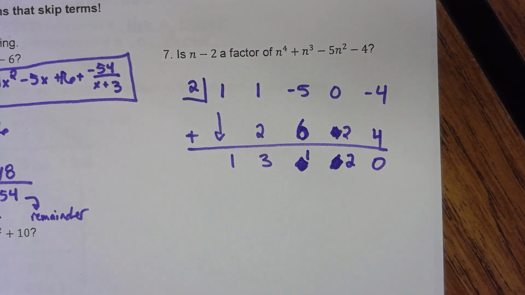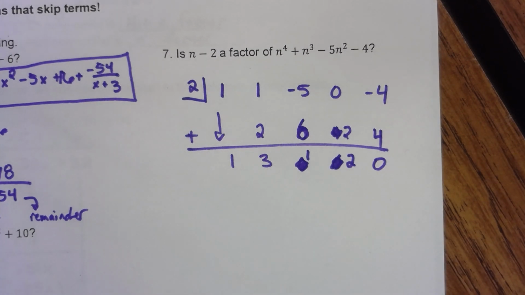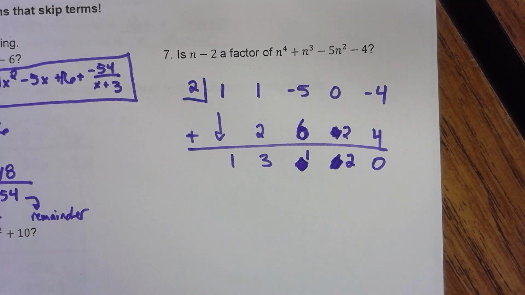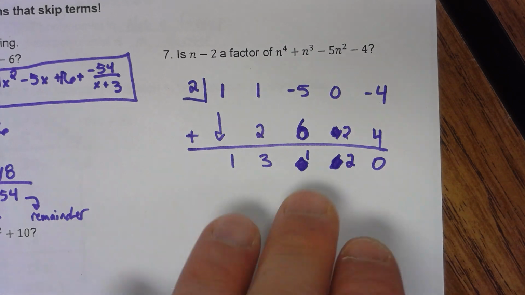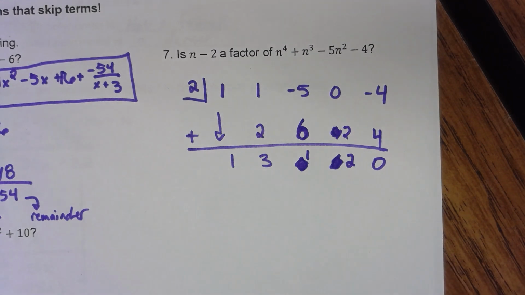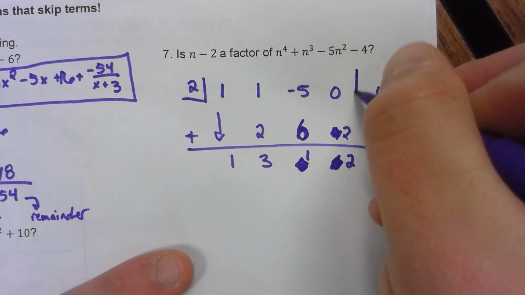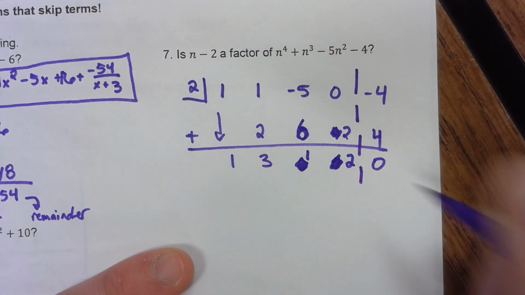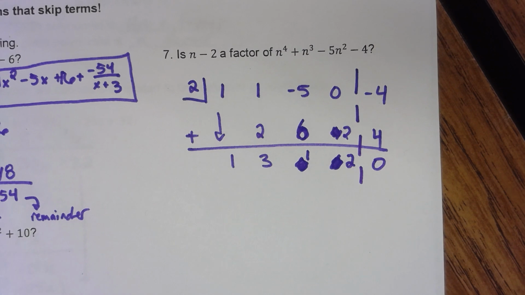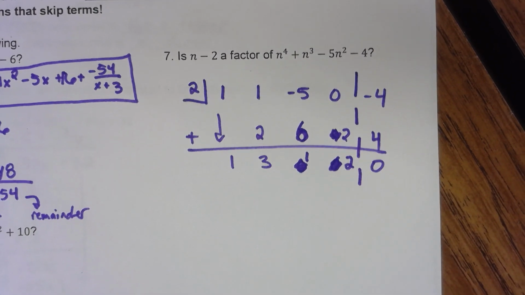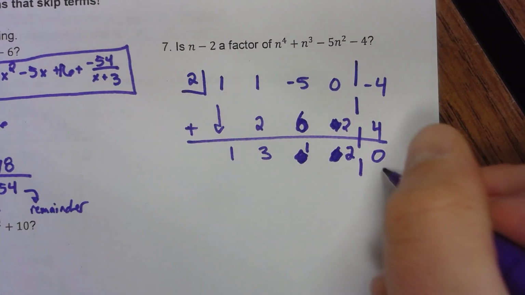Now again, the interpretation for what these values are, right? If we can do the synthetic division and get these numbers, that's great. But if we don't know what those numbers mean, then it doesn't really matter, right? So we have to understand what these values actually mean. The last number is always your remainder. That's why I add in that dashed line just to separate it. You don't need to add that in, but it is just a reminder for my brain to say, hey, that last number is the remainder.